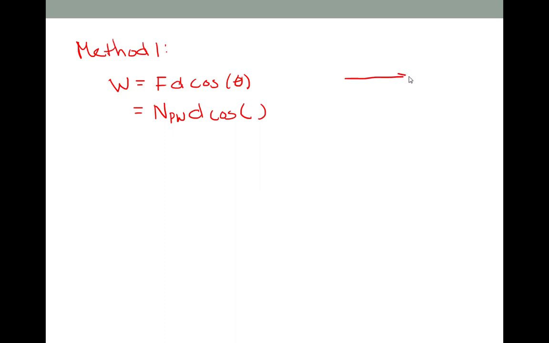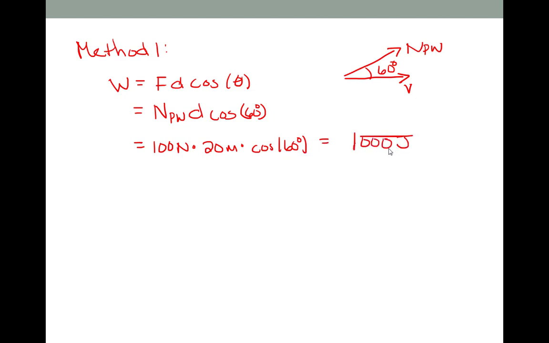Well, what I know is that the velocity is horizontal, and the normal from the person on the wagon makes a 60-degree angle with the horizontal, which means we can plug in 60 degrees as being what theta is. What angle does the force make relative to the velocity? So this is 100 newtons times a distance of 20 meters times the cosine of 60 degrees. And when you put that all in, that is 1,000 joules.